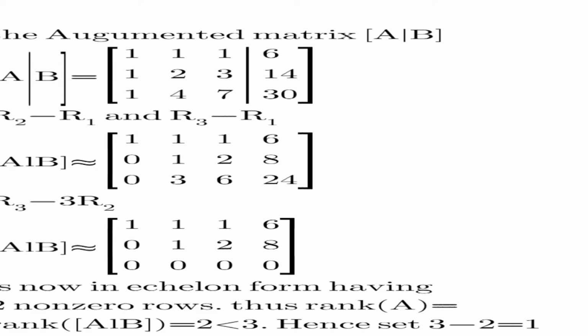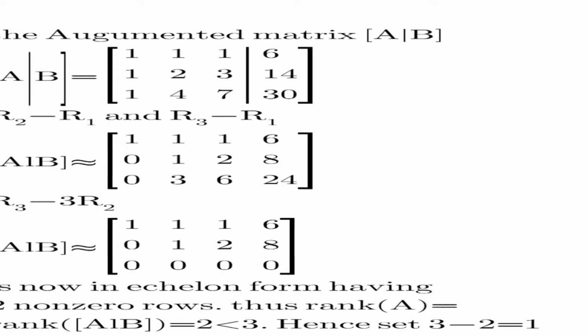We have to reduce the augmented matrix to the echelon form, that is, if we take a conceptual diagonal line from the non-zero element A11, the elements below this line must be 0.